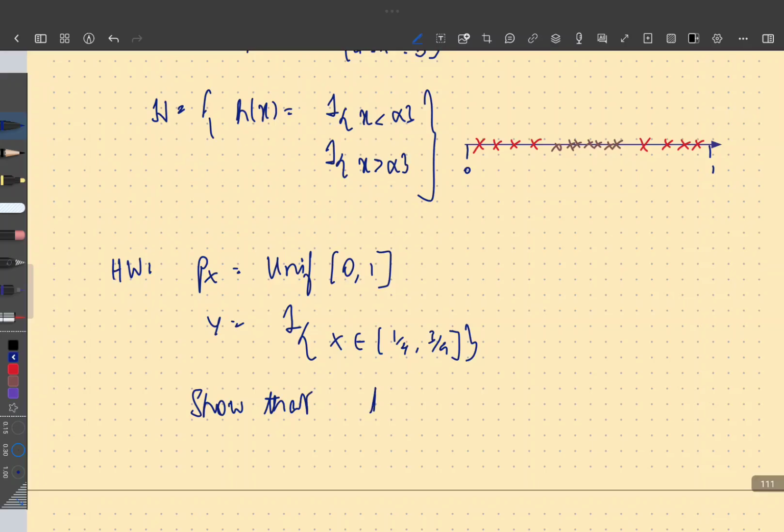Show that for any h, or let me ask it the following way, find a lower bound on R of h.